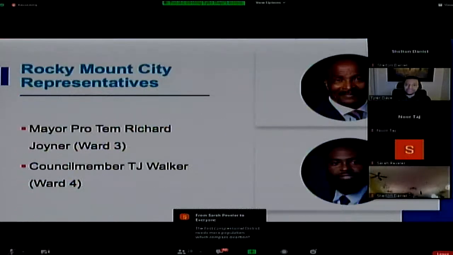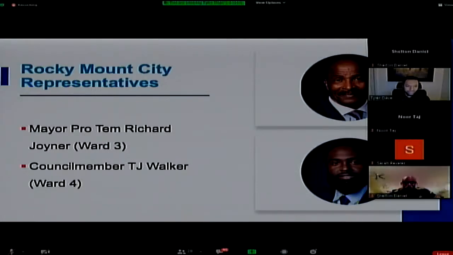And with that, I know that we are going over time. I did want to give council members T.J. Walker and Mayor Pro Tem Richard Joyner, both council members from Rocky Mount, a chance.